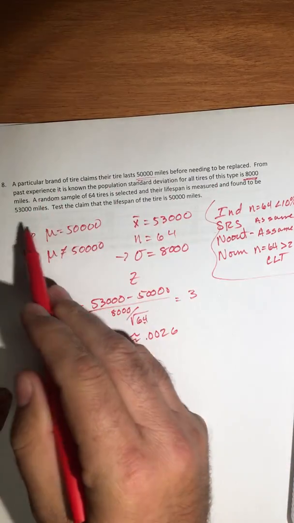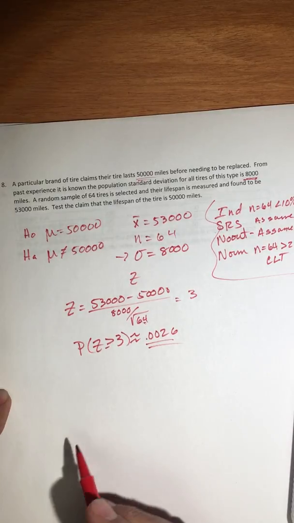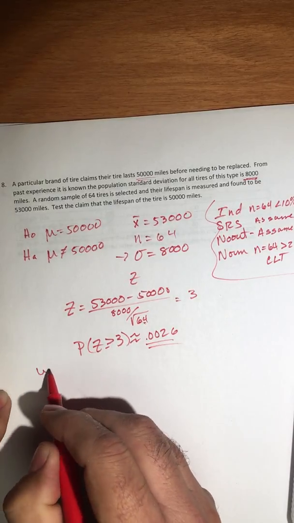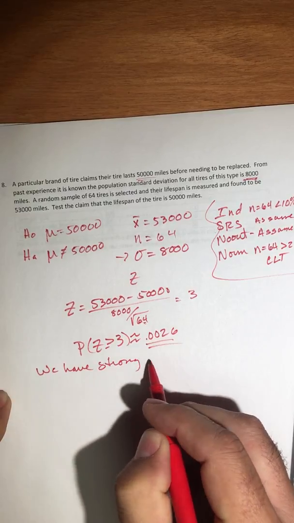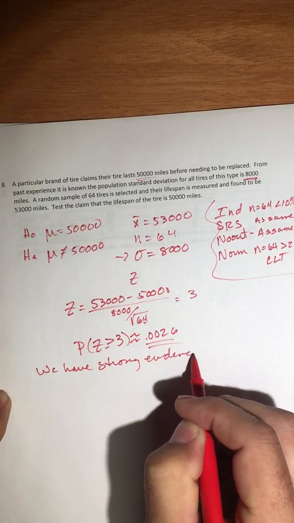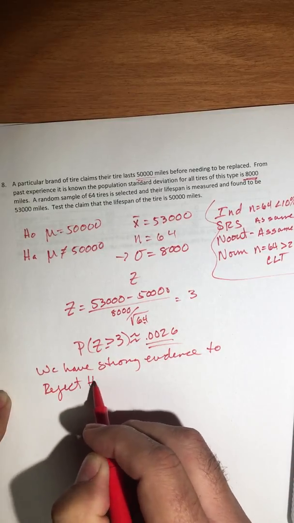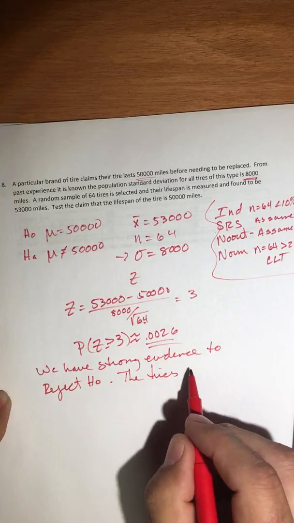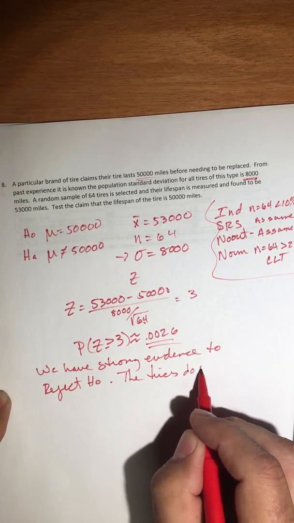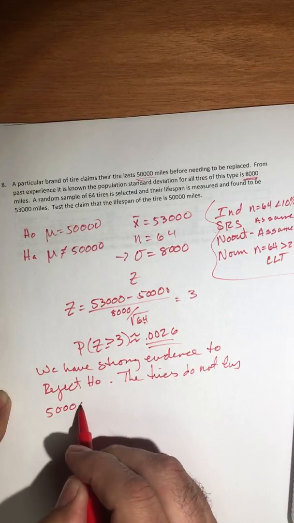Notice there's no alpha level, so therefore we assume our alpha level is 5%. So we have strong evidence to reject the null. The tires do not last 50,000 miles.